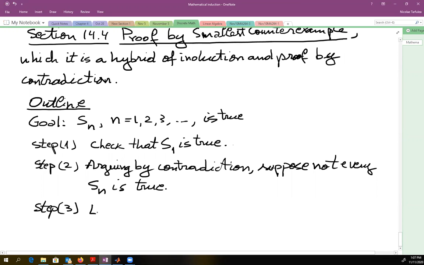So let k, which is greater than 1, obviously, we verify the statement for 1 in the first step, be the smallest integer with Sk false.